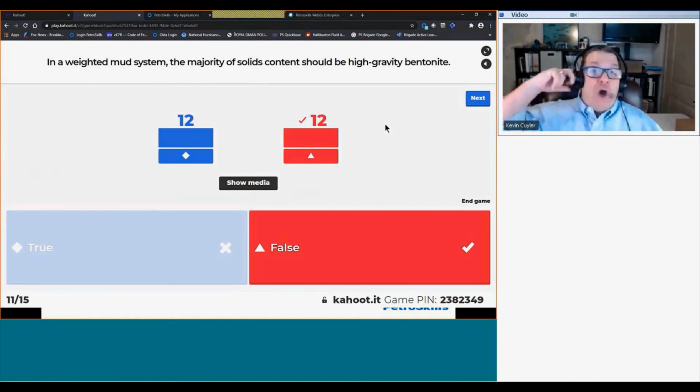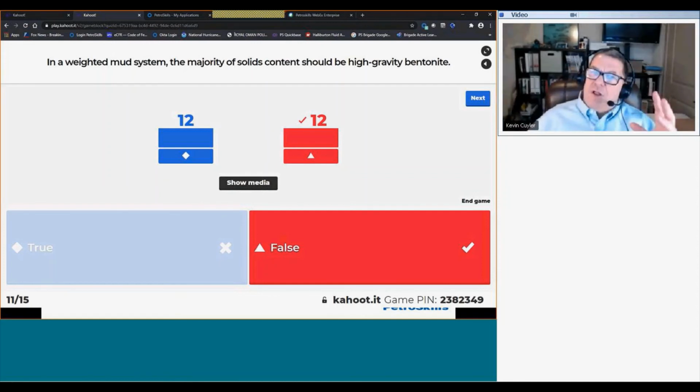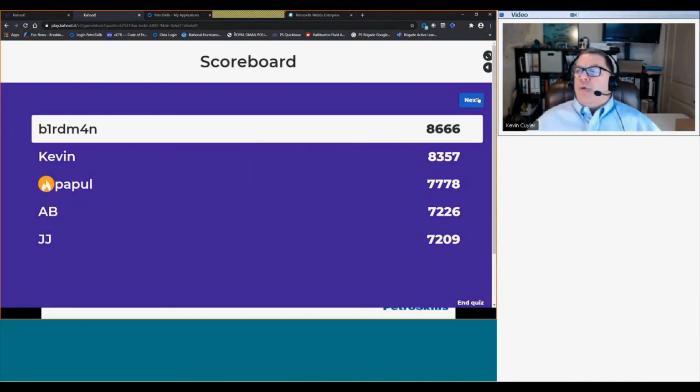Which should be low gravity bentonite, but in a weighted system, most of the solids should be your barite, right? Because now you're going to have a higher ASG in the system. You'll still have some clays in the system, but by and large, the majority of them should be the barite that's in the system.